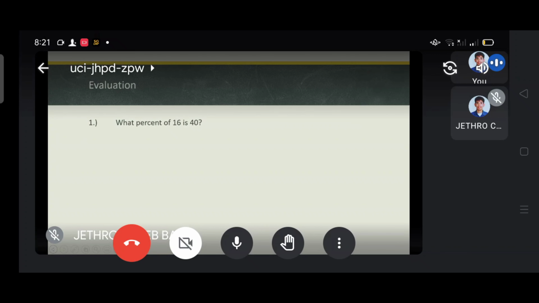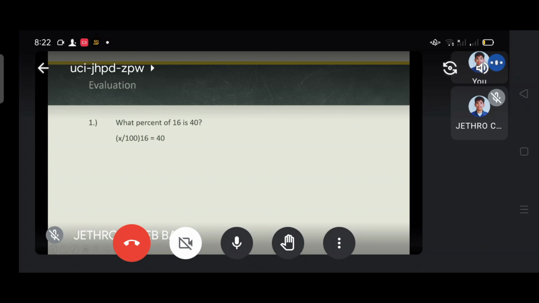Tulad nung sinabi ko kanina, paano nga ba natin ulit kinukuha yung percent? Ang sabi dito, what percent of 16 is 40? Now, tignan nyo yung gagawin ko. Sa left-hand side ng equation, ilalagay ko yung question na, what percent of 16? And then from the right-hand side of the equation, doon ko ilalagay yung 40.